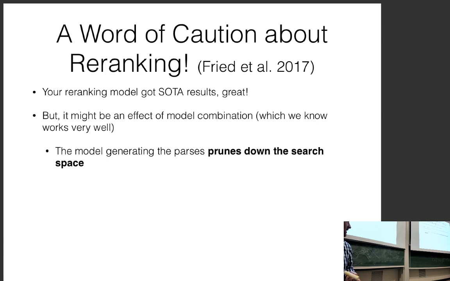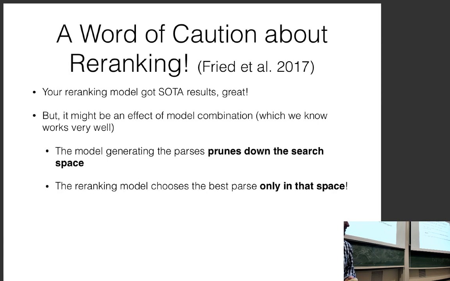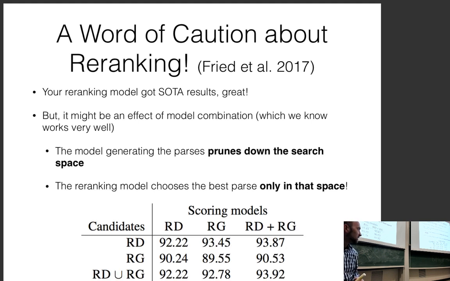The easy to decode model prunes down the search space, and the re-ranking model chooses only the best parse in this space. There's a nice examination of this by Fried et al., who take a discriminative model and a generative model, and they generate candidates. They go through a lot of trouble to generate from the more complicated model. They come up with a clever inference algorithm, et cetera.